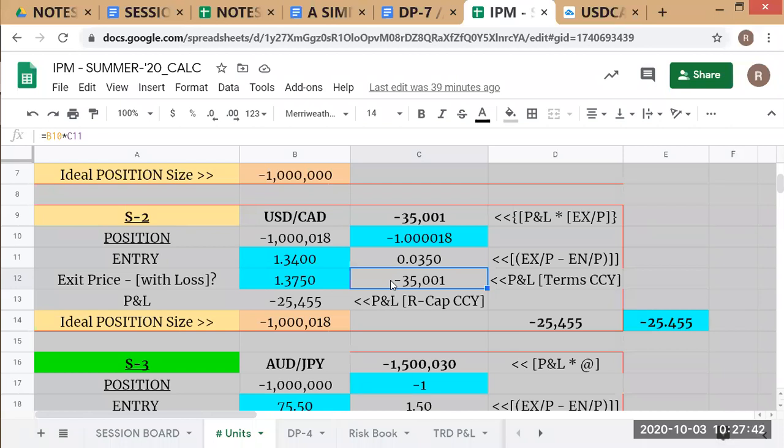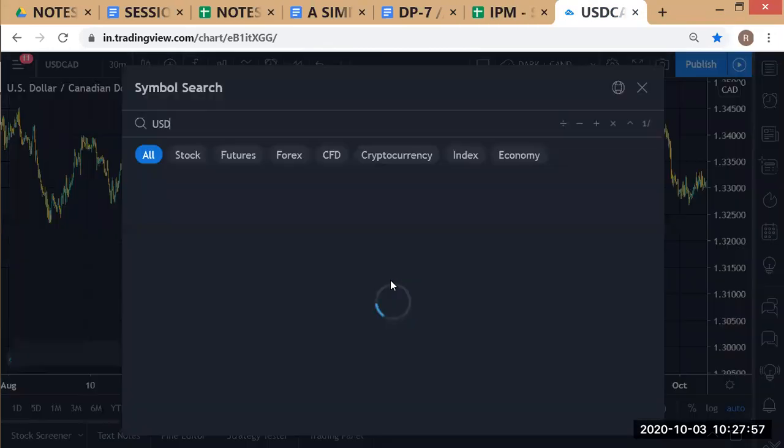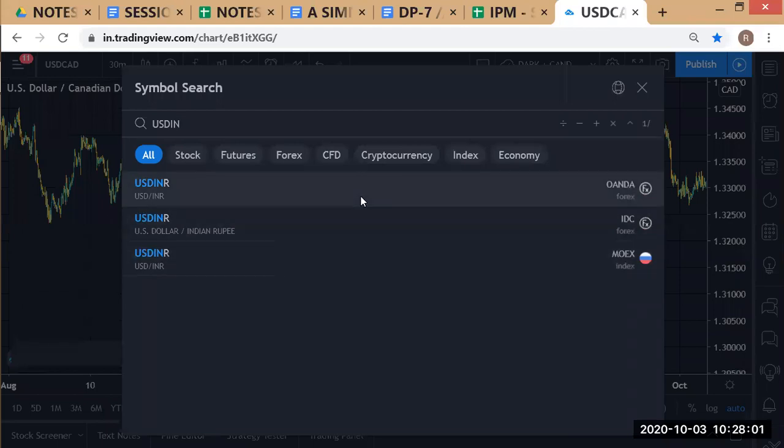The answer is approximately 1 million US dollars. How do you get that? You divide the 75 million by the dollar rupee exchange rate. If you do dollar rupee, you will find that the dollar is mentioned first and the rupee second. Here you can see how they've written it with the forward slash. It's a normal convention.